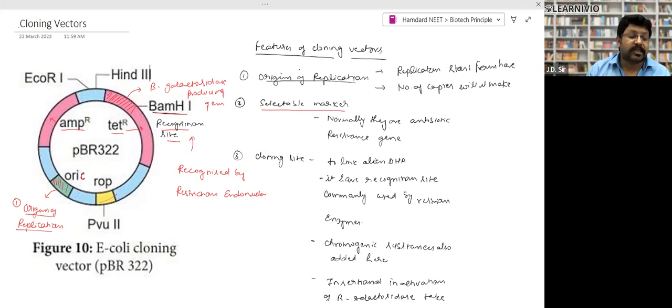This is called the cloning site, right? So BamHI is called the cloning site. Why? Let me write it down. Cloning site. Here, the foreign DNA will be inserted.